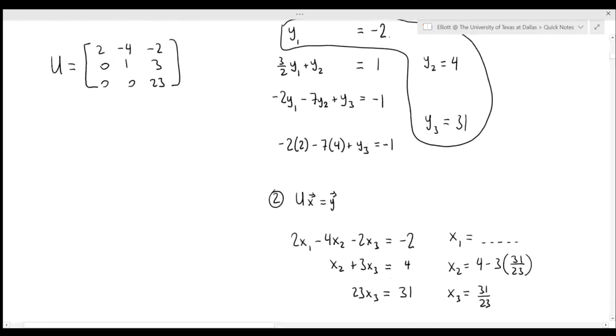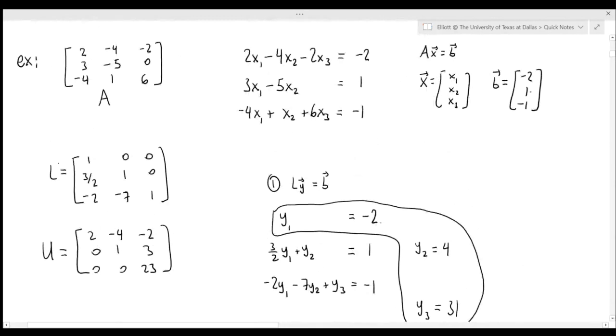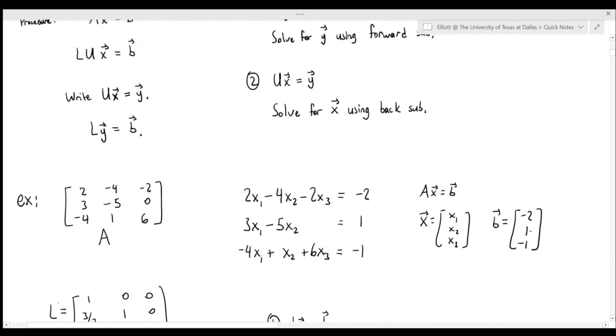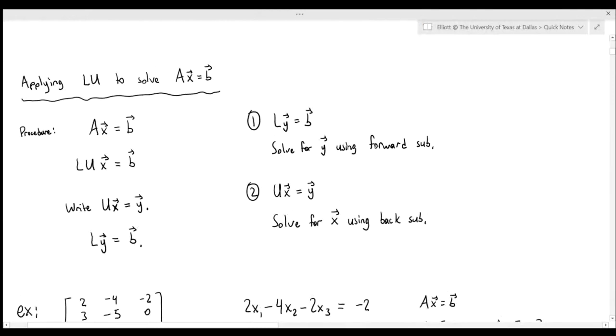Okay, but just to recap the procedure though. You've got the equation Ax = b, you replace A with LU, and you think of Ux as being a vector y.